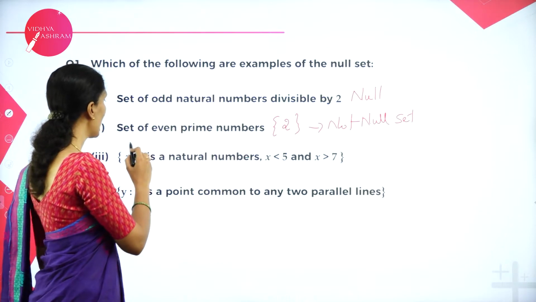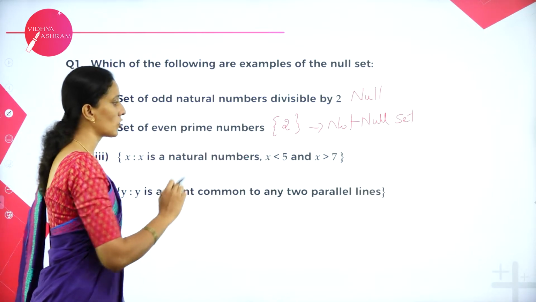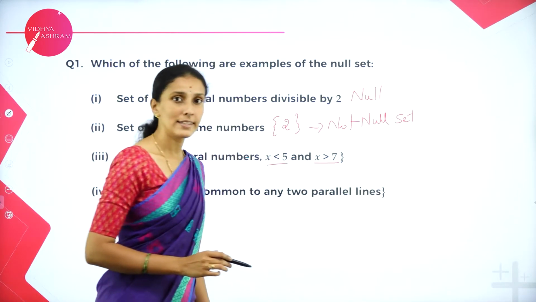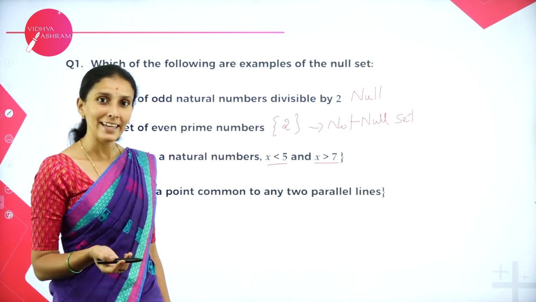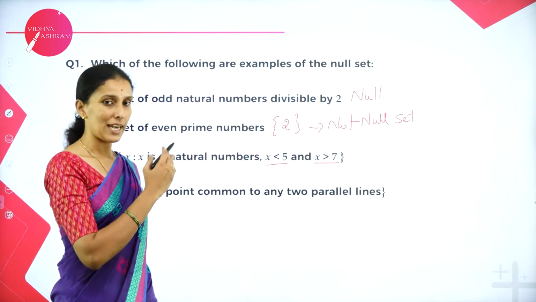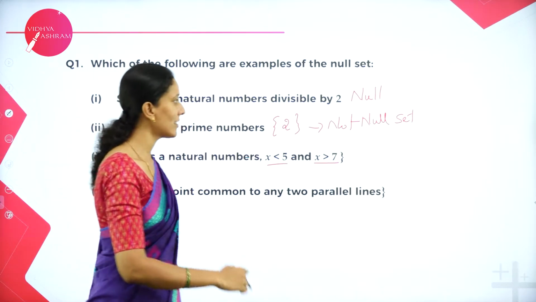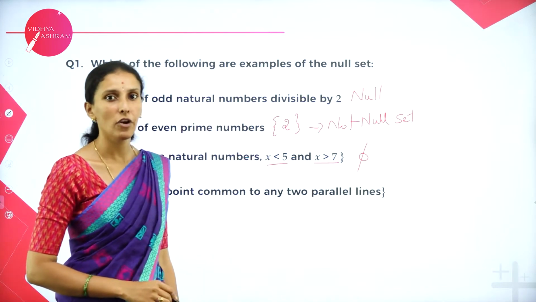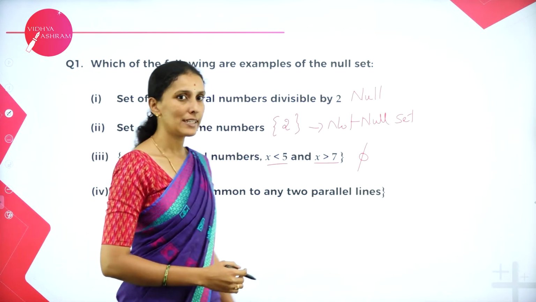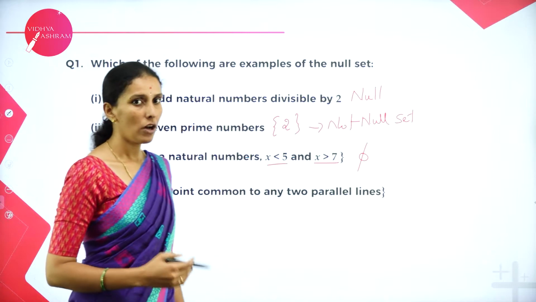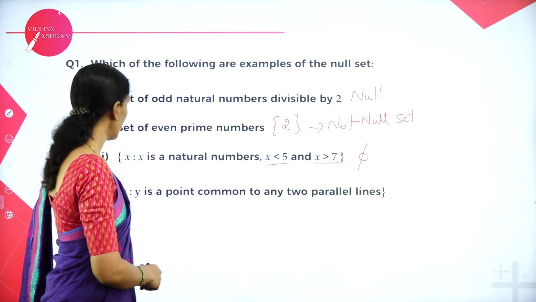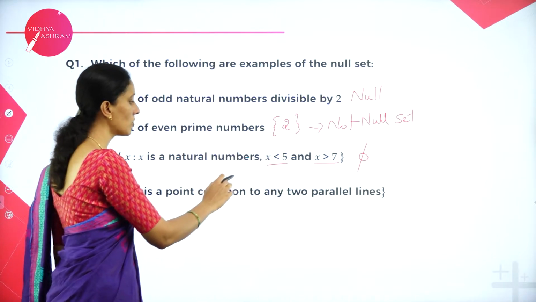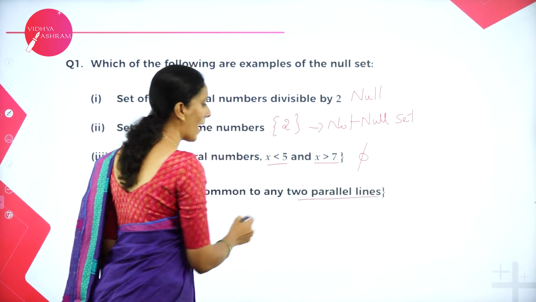And here we have x such that x is a natural number, x less than 5 and x greater than 7. You cannot find any natural number which is less than 5 and greater than 7. So this set is empty, and it is an example for a null set. Whenever the set is empty, it is an example for a null set. Next, y such that y is a point common to any two parallel lines.